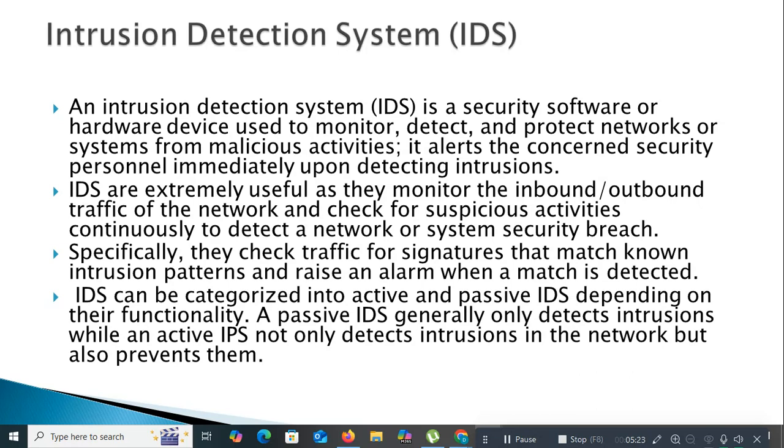That is AI generated traffic CCTV. Same thing here: when any malicious activity is there in your network, application or computer, it alerts you that a malicious activity is going on. Understood?